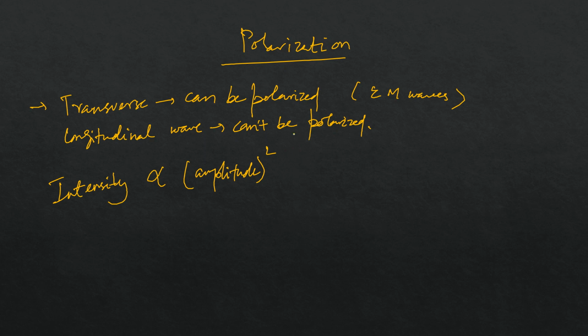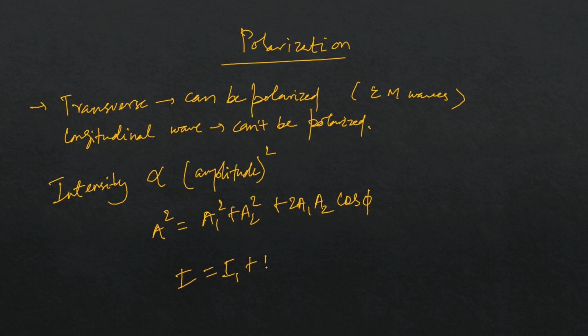Suppose amplitude square A square is equal to a1 square plus a2 square plus 2 a1 a2 cos phi. Then I is equal to I1 plus I2 plus 2 root I1 I2 cos phi, because I is directly proportional to A square.